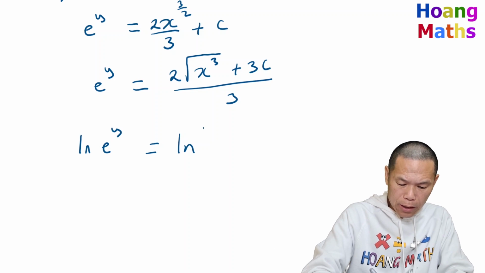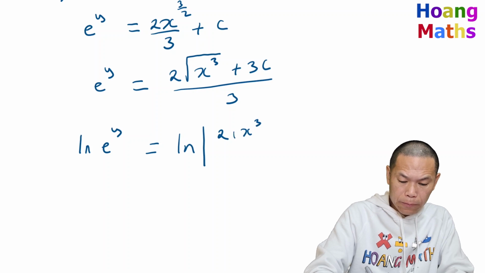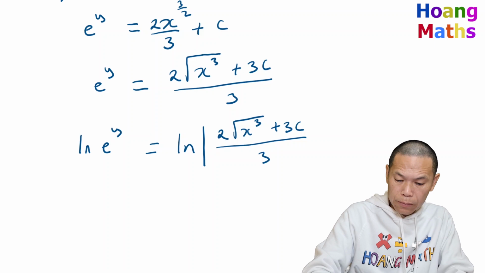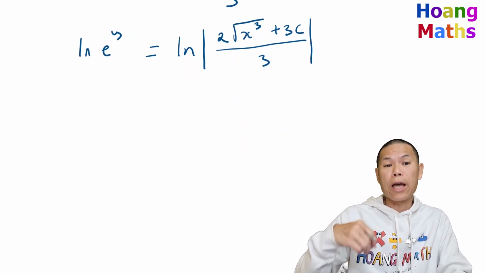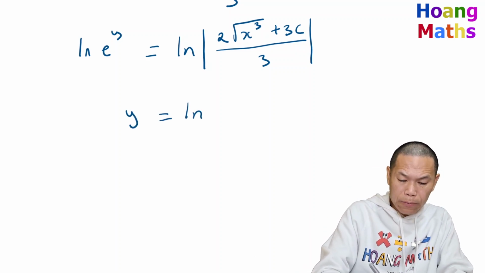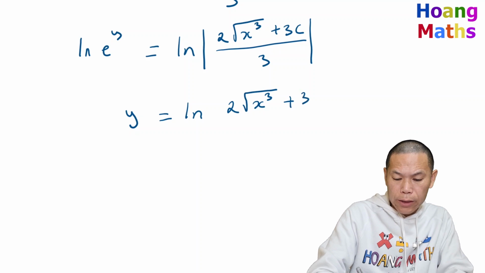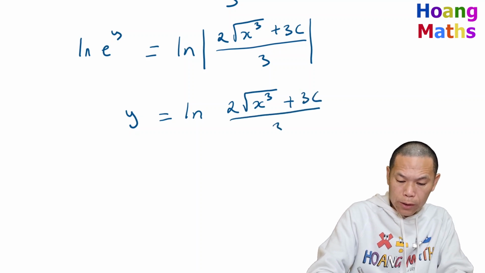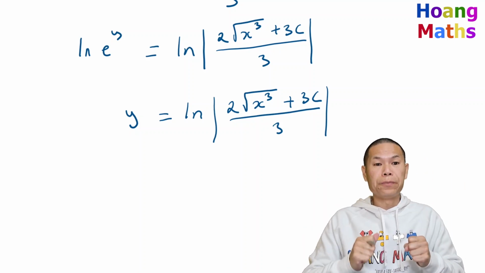So that is 2x to the power 3 plus 3c. So now ln of e to the y is y. So that means y is ln of 2 x cubed square root plus 3c over 3. So there you go.